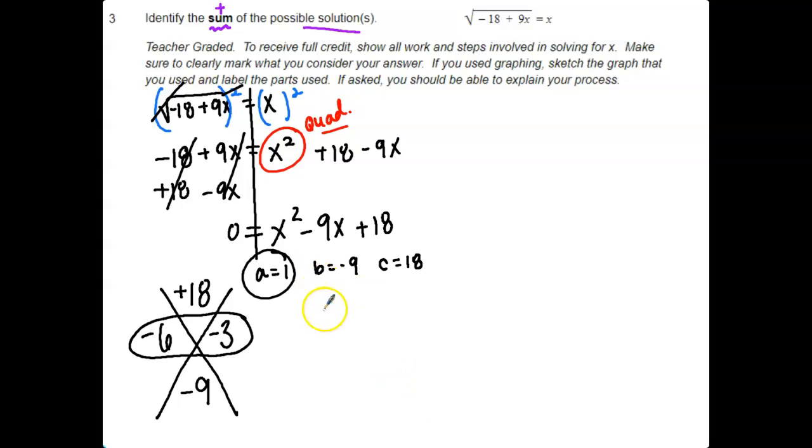Now, normally, we would take these side numbers and replace b with them and then do grouping and all that. However, if your a is equal to 1, you are allowed to set up your parentheses, and then your side numbers go right inside your parentheses, -6 and -3. And ta-da, there's no GCF, so this is factored form.